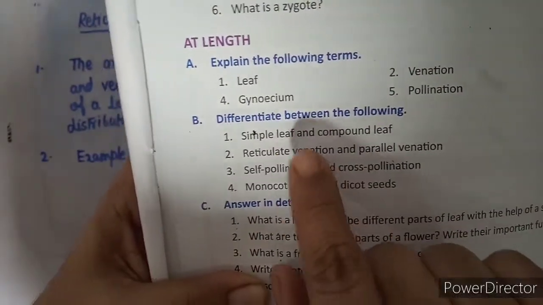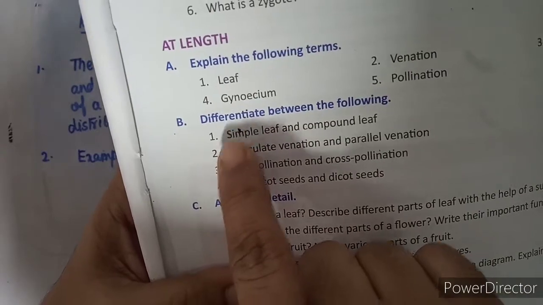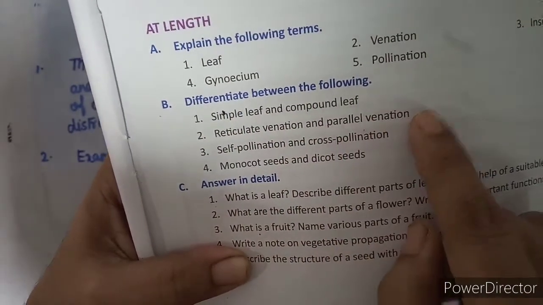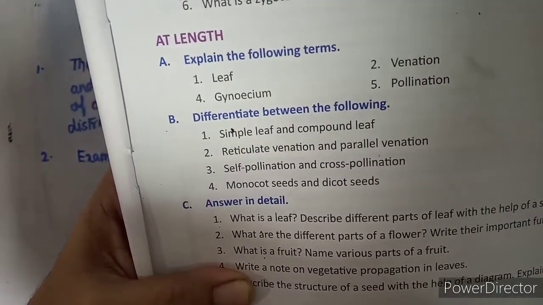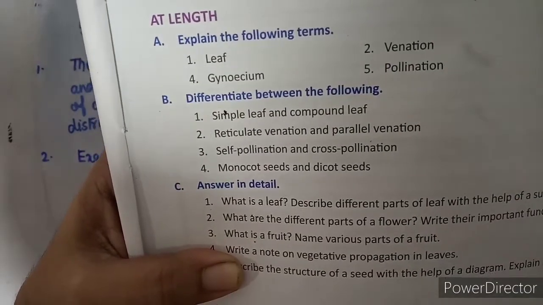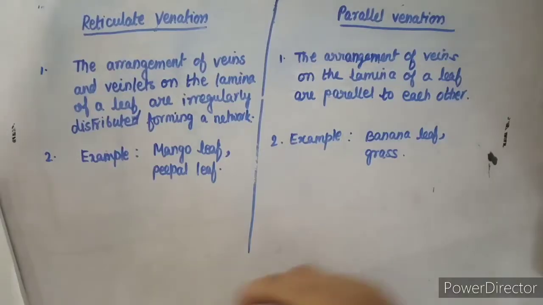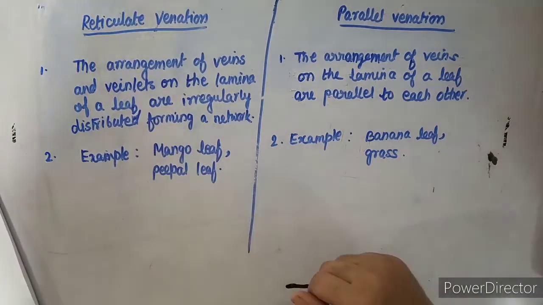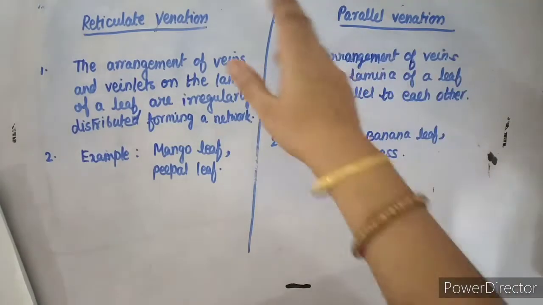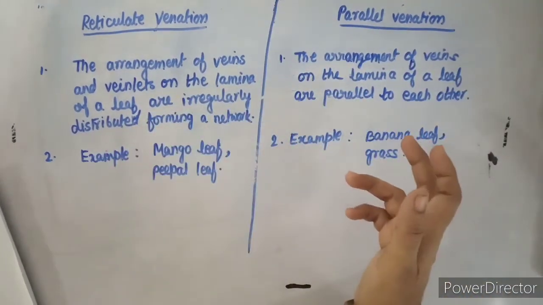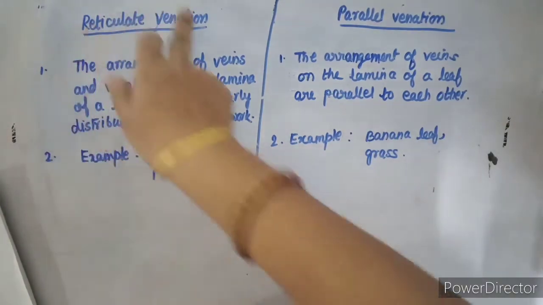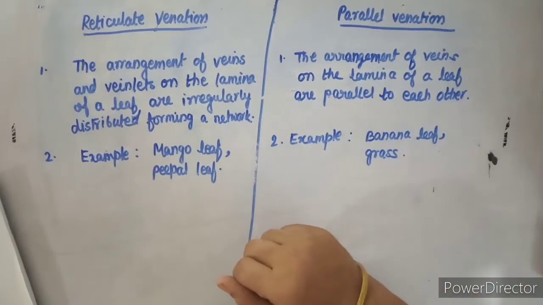Now we will go for the next question, that is differentiate between reticulate venation and parallel venation. So write down the question, reticulate venation and parallel venation. See, write down the difference. Again I have taken two parts, one for reticulate venation and the next for parallel venation.